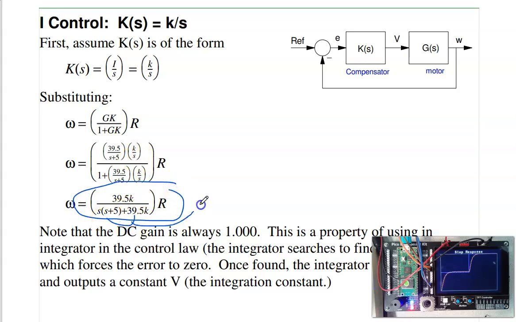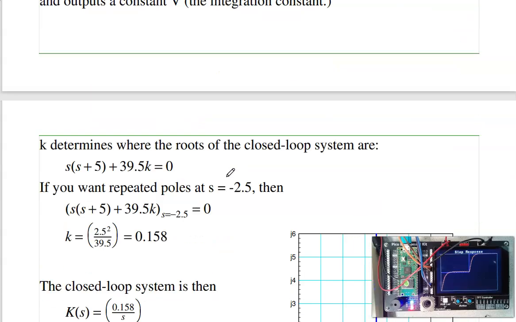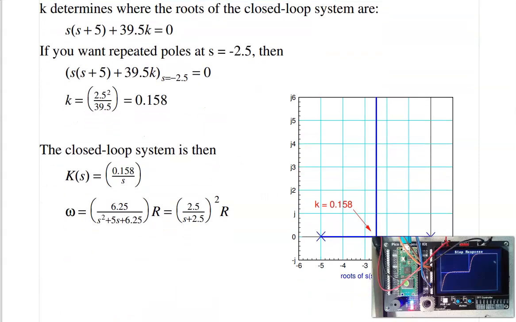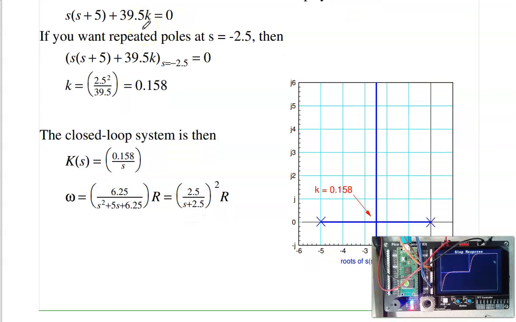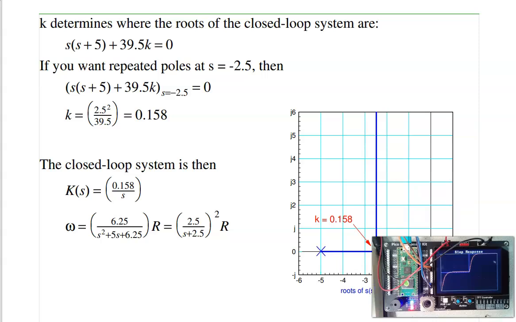Now this part right here is all important. That's the poles of the closed loop system. Those poles tell me how the closed loop system will behave. Well, I can plot the roots of the system as K goes from 0 to infinity. When K equals 0, the roots are at 0 and minus 5. Let's get this out of the way.